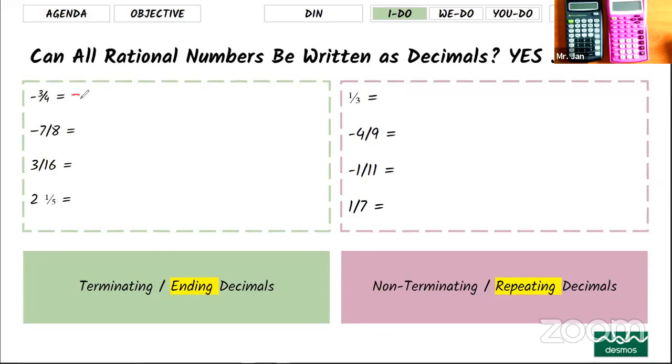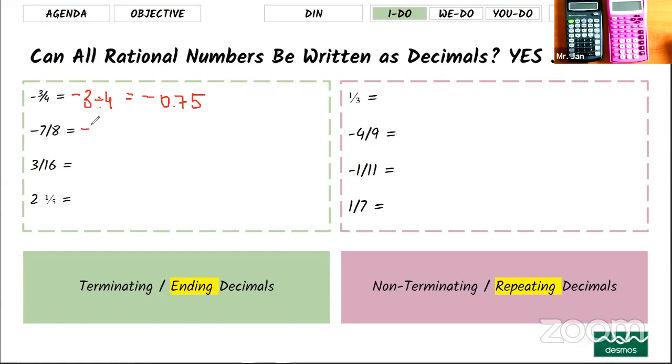So negative 3 divided by 4, if you use your calculator, is negative 0.75. That's how you can convert fractions to decimals: all you need to do is divide the top number by the bottom number.